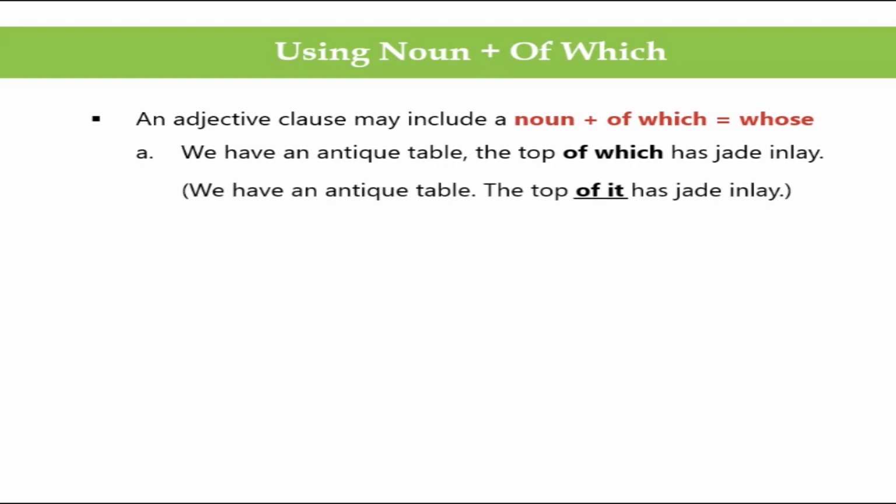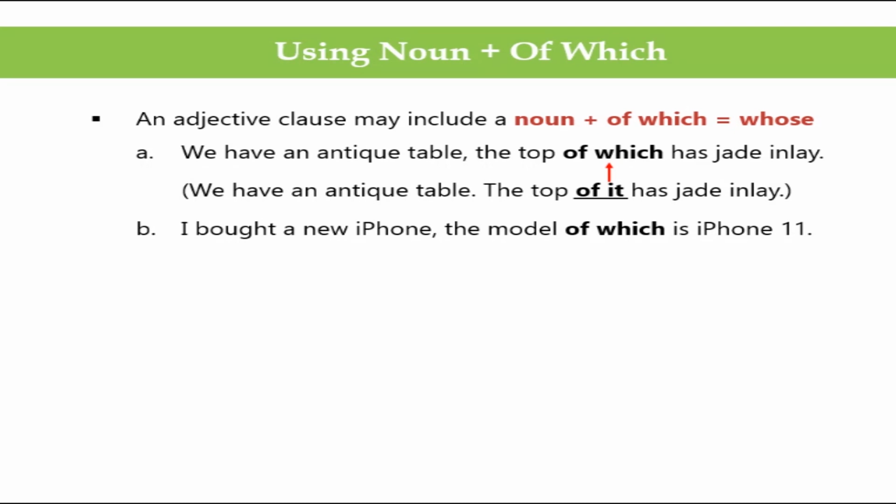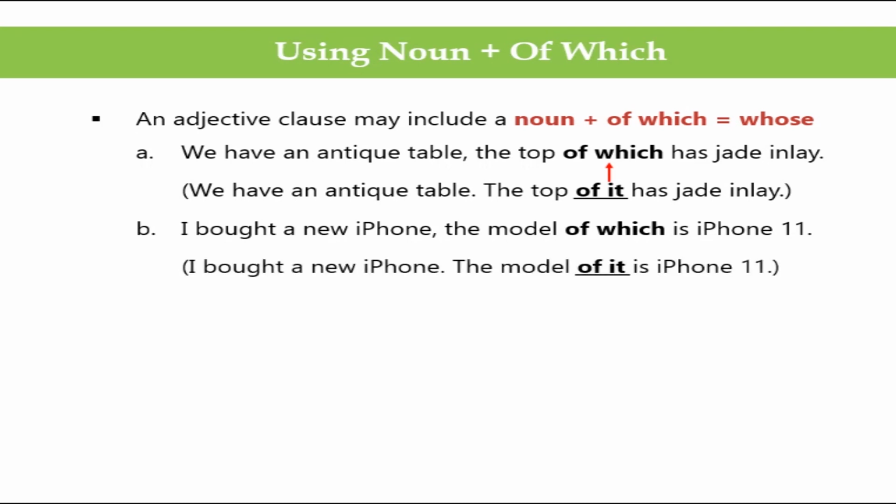We have an antique table, the top of it has jade inlay. Example B. I bought a new iPhone, the model of which is iPhone 11. I bought a new iPhone, the model of it is iPhone 11.